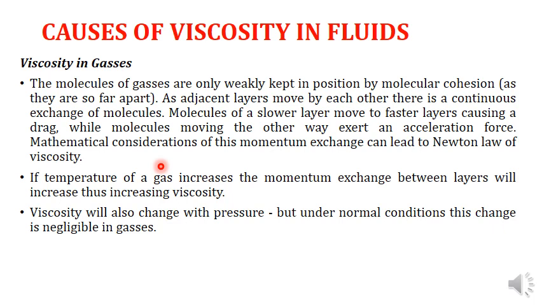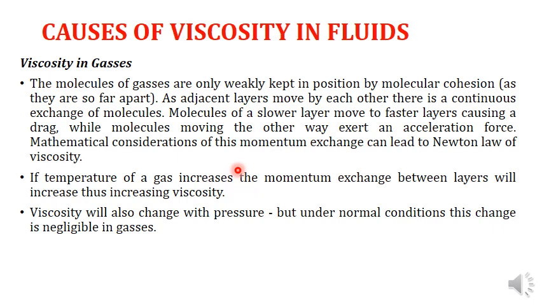So if it is asked of you what is the difference between the gas viscosity idea and the liquid viscosity idea, the dependent parameter for the gases will be the momentum exchange, and for the liquids it will be the velocity gradient between the layers.